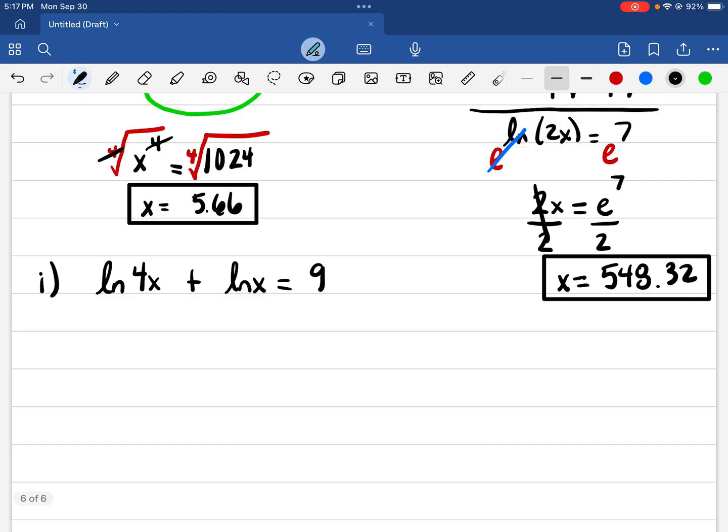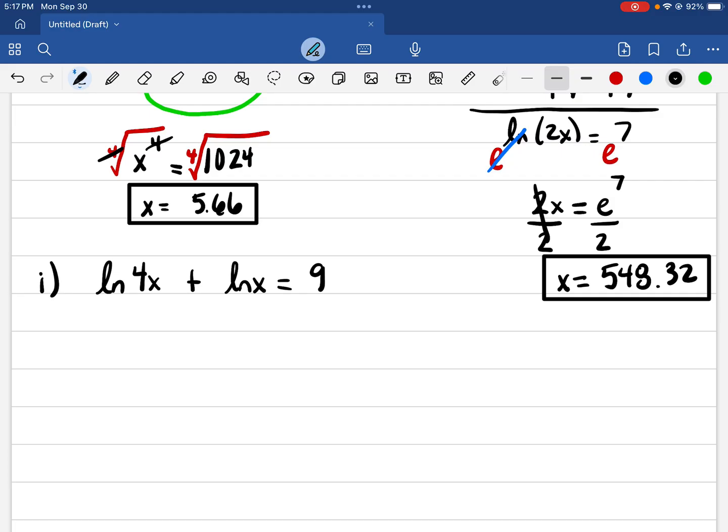All right, so going on here to I. You remember we did say that all those properties that we had for regular logs, those can also be used for natural logs. So with that being said here, I see that we have two natural logs separated by addition.